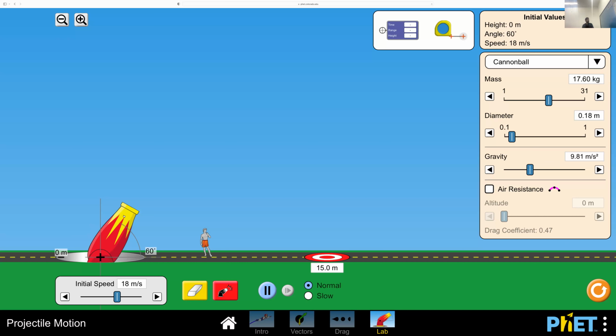Now, if we project it, it is going and hitting at a particular place. So this is 15 meters. So let us see what is going to be the range. Okay, let that be the point where it is going and hitting.